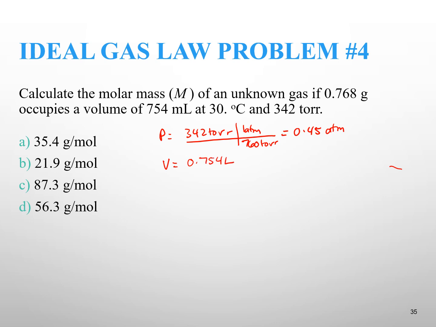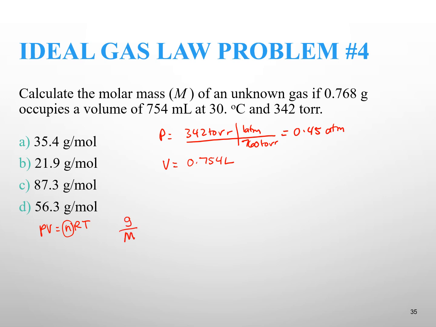You see why we have liters here, because we have to use our ideal gas law, right? Because it's PV and RT. And remember the n can be replaced with grams over molar mass.